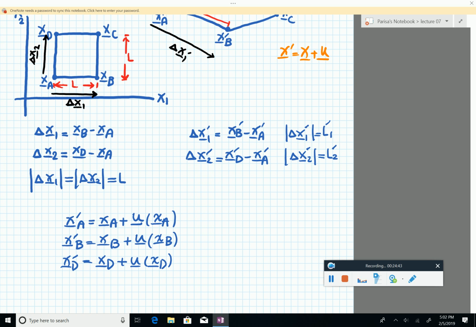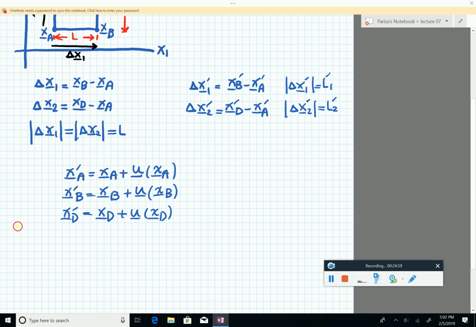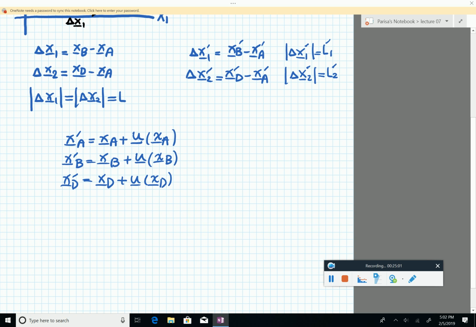Okay. And now we need to combine all of these relationships to relate delta x1 prime and delta x1, but using the displacement vector. If I combine all of this together, all I'm doing is using the relationships that I have here in what I had before. Let me write it down, then you see.